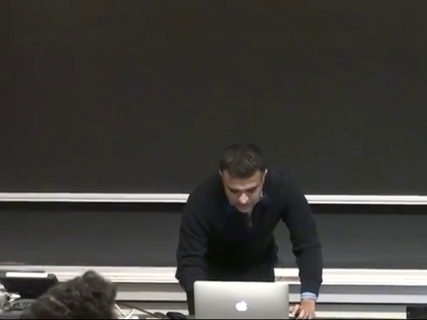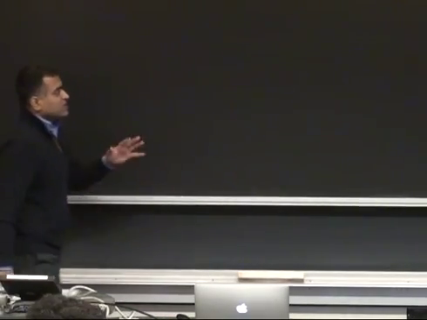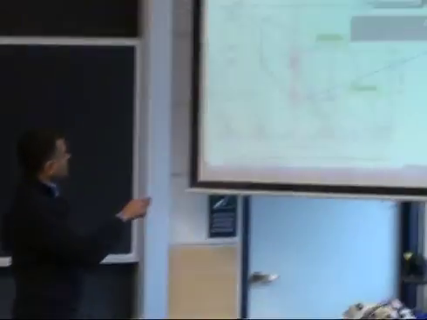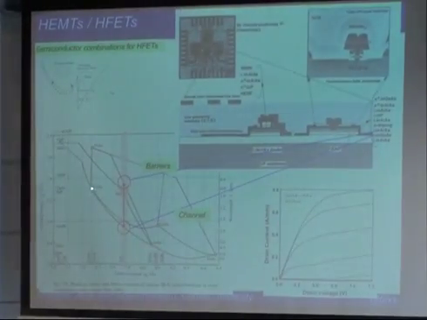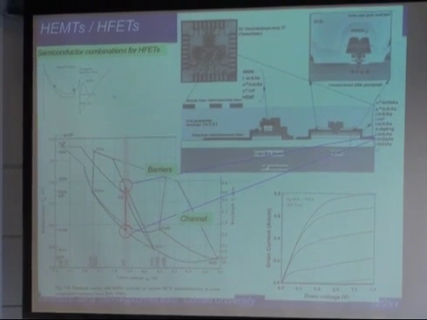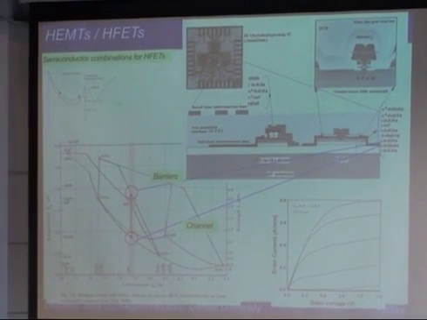So let's just look at, for example, one of the structures that we looked at in somewhat reasonable detail, which was based on either gallium arsenide or indium phosphide based materials, which are all 3-5s as well.